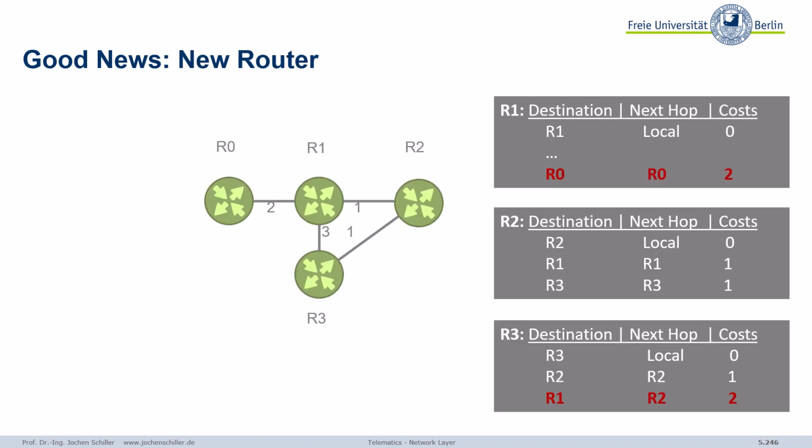So we can update, for example, if we insert a new router, we learn router 0 is at a distance or cost of 2. We can reach this router. And we have some other entries here. Then this news spreads also to the others, and they see, okay, we can now reach router 2 via a certain number of hops. Again, here we can optimize.